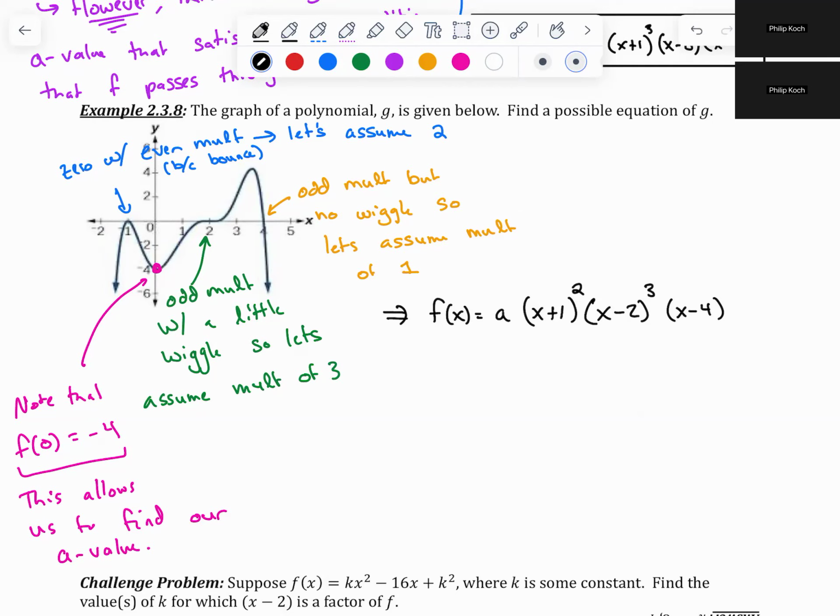So, this one, it wasn't implied. I think I'm going to edit my notes. So 2.3.8, I'm going to actually do this one second.